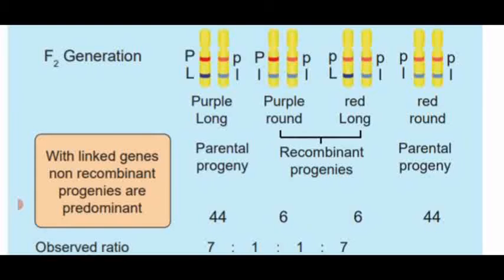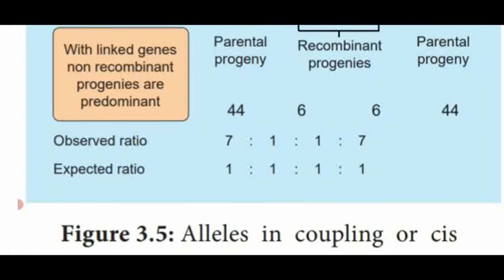So the ratio comes out like this, 7:1:1:7. But the expected ratio is 25, 25, 25, 25, that is 1:1:1:1.